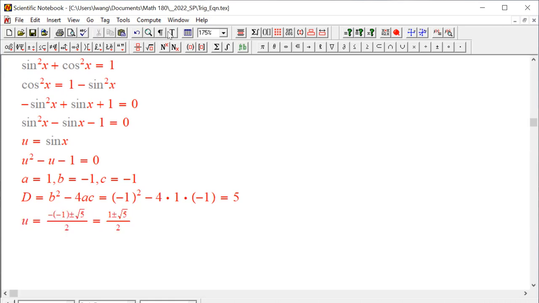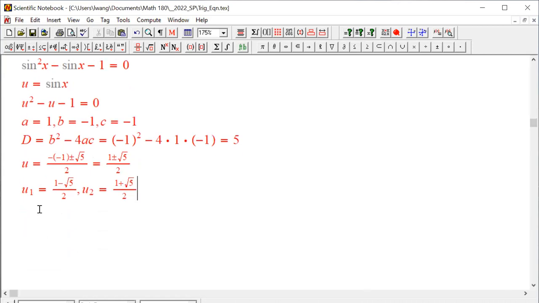So u sub 1 equals 1 minus √5 divided by 2, and u sub 2 is going to equal 1 plus √5 divided by 2.